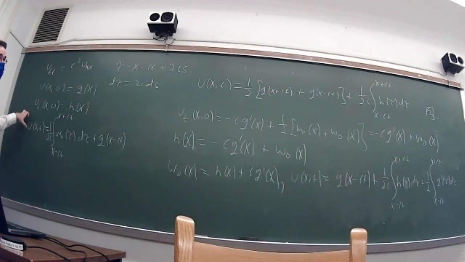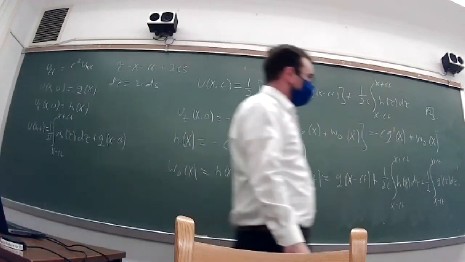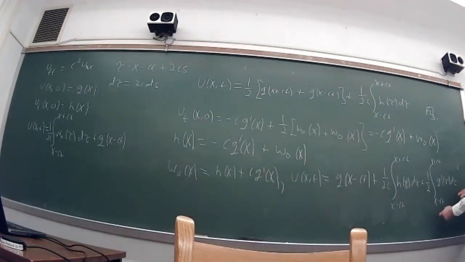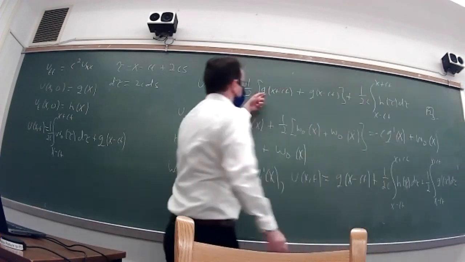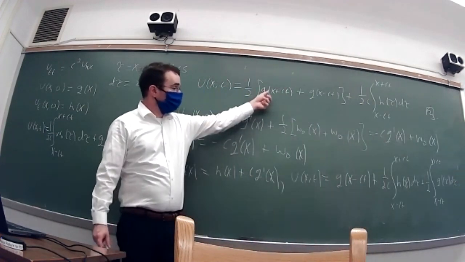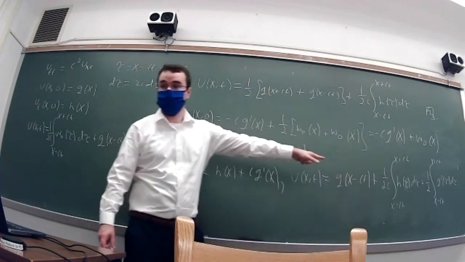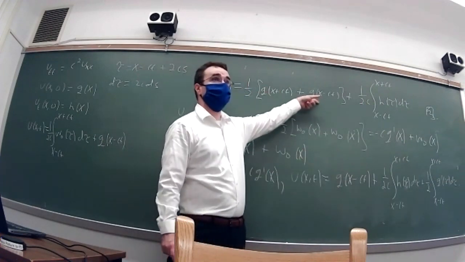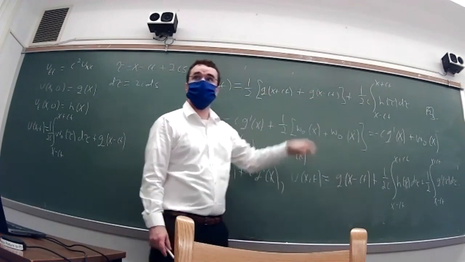And I skipped a little step, but of course you can fill it in. You just integrate this according to the fundamental theorem of calculus. You get g of x plus ct minus g of x minus ct times 1/2. There's the 1/2 of x plus ct. And then this minus 1/2 gives you the plus 1/2 g of x minus ct.